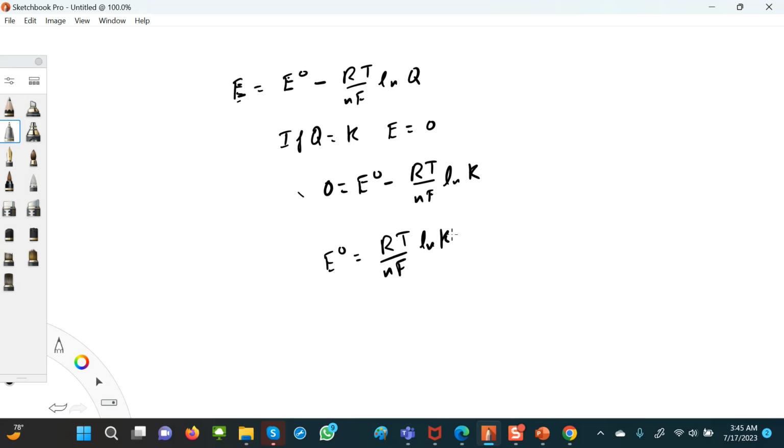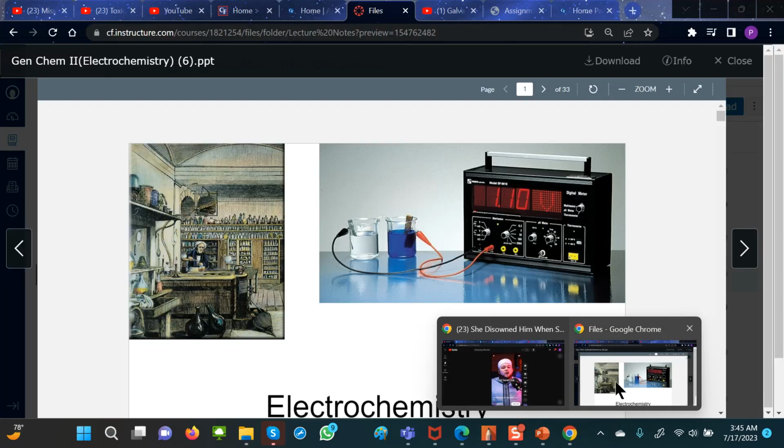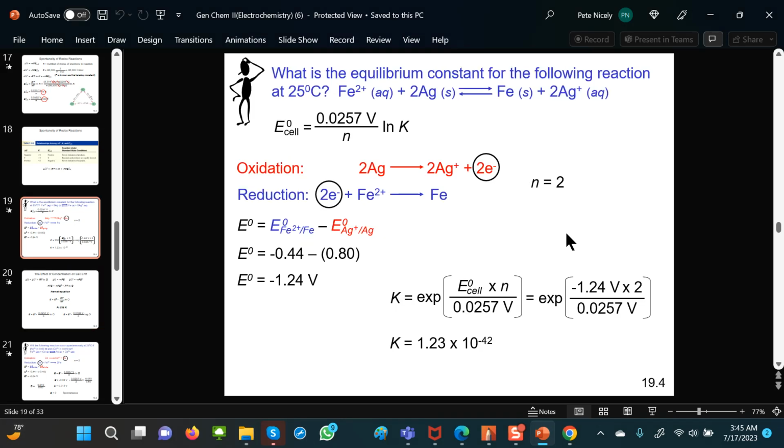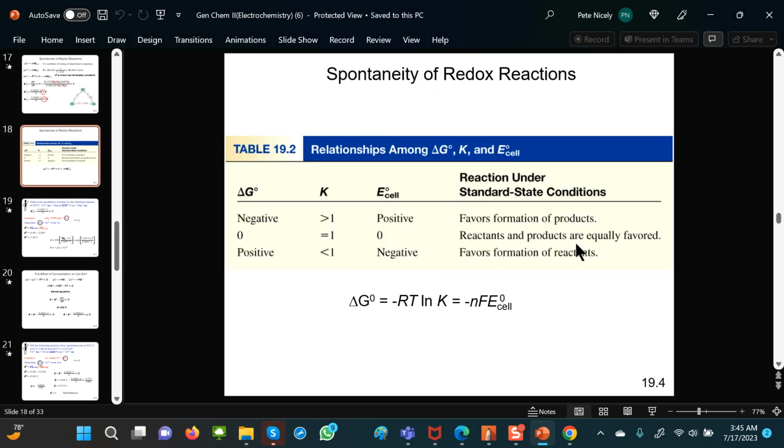All right? Which is what we saw earlier, right? If I go back to a previous slide, this shows you the relationship between E and ln K, right?